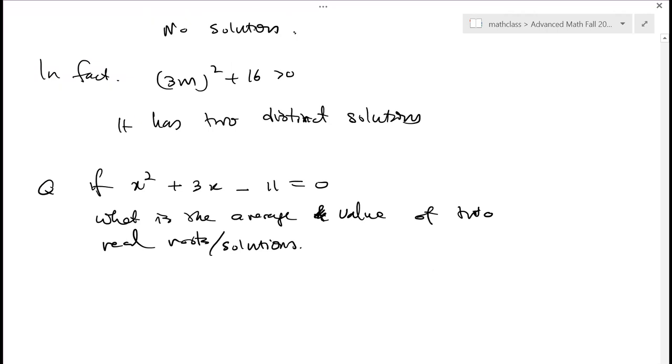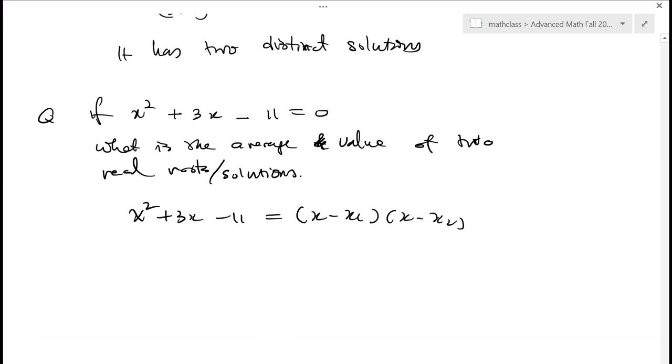Now, how do we do this? Well, if you find the two real roots, you solve the problem: just add them together, divide by 2. But what I want to show is, I don't want to find the two real roots, right? I assume that they have two real roots.